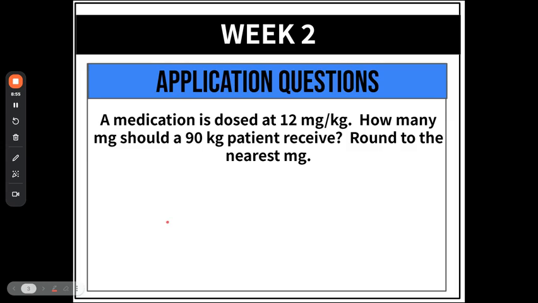And all that is simply 2 fractions that are set equal to each other to solve for a missing piece. So let's set up the first fraction. I'm going to start with 12 milligrams on top because that is what the question gives us per 1 kilogram.